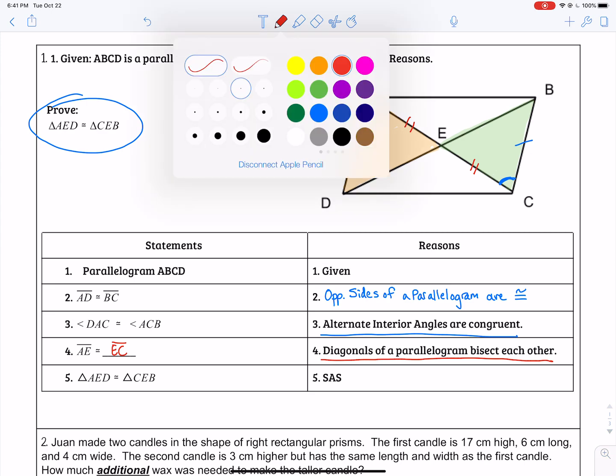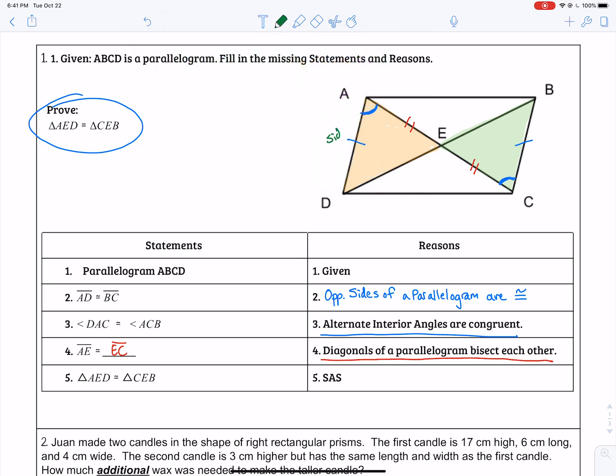Because if you read around the triangle, you have a side that's labeled, you have an angle that's labeled, and you have another side. Over here you have a side, then an angle, and then another side. So side, angle, side would make the most sense.